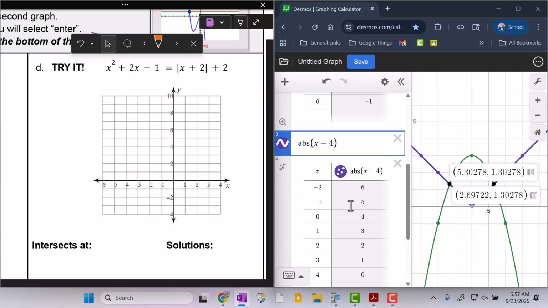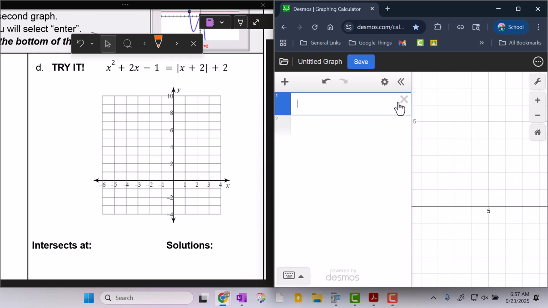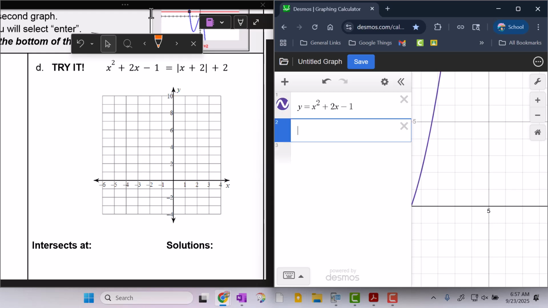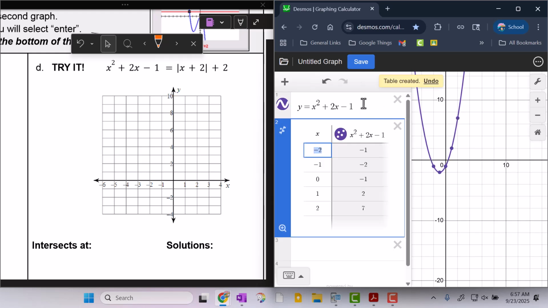One more problem, very, very similar. Just start fresh. So our first one, y equals x squared plus 2x minus 1. Actually, let's graph that one first so it's not as crazy doing everything at once. We have our vertex at -1, -2.